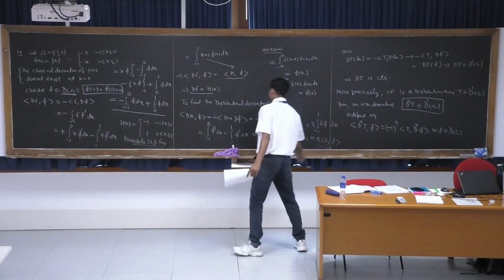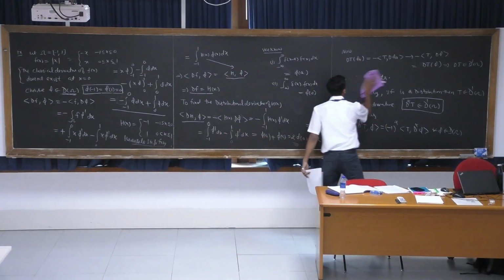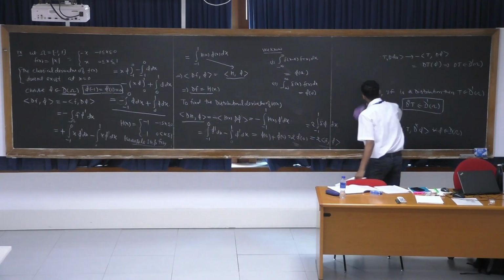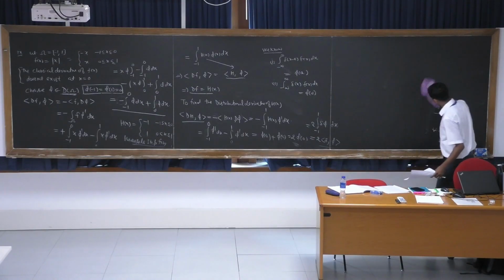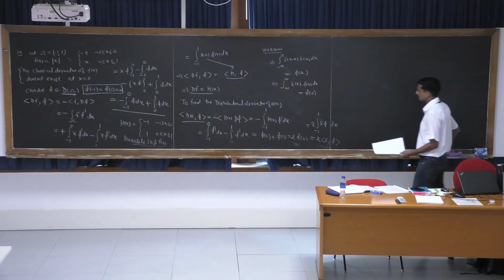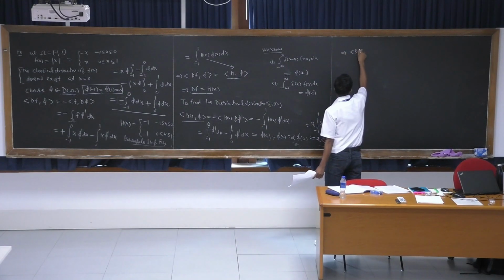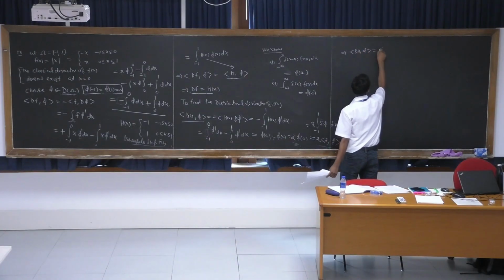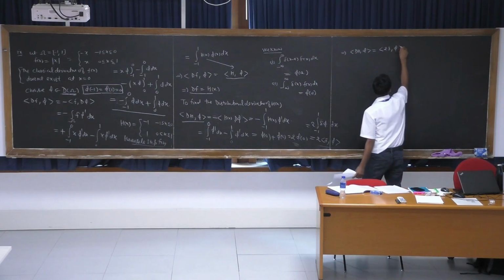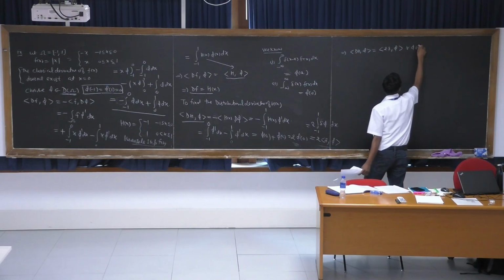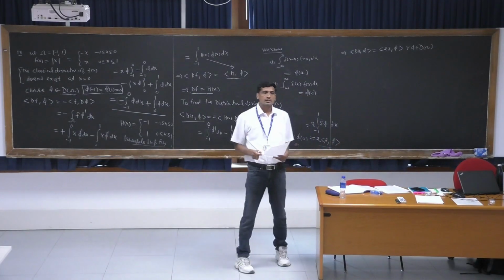If you compare this and this, you can say that the derivative of the Heaviside function is nothing but twice the Dirac delta function. So we got dH of phi equal to twice the Dirac delta function, and this is for all phi belonging to D of omega.